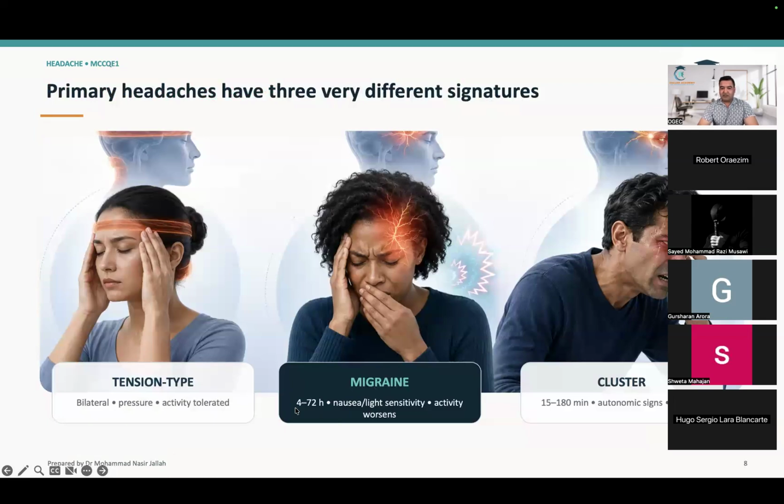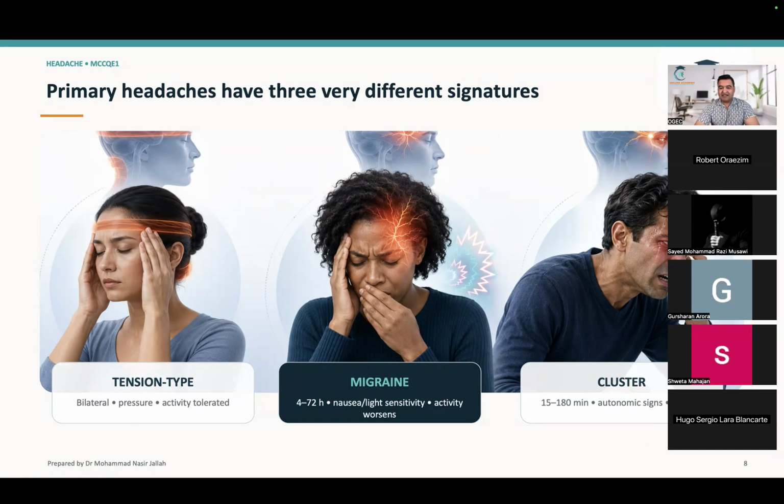Migraine usually lasts 4 to 72 hours. Remember, if it continues beyond 72 hours, it is called status migrainosus. So 4 to 72 hours is migraine. If it lasts more than 72 hours, it is status migrainosus.